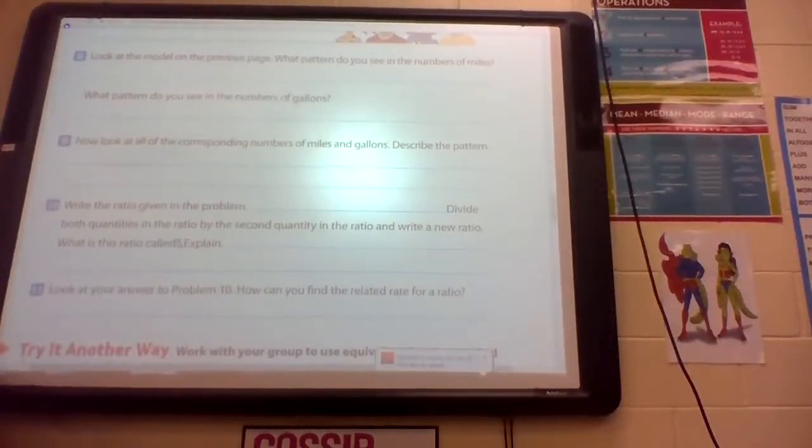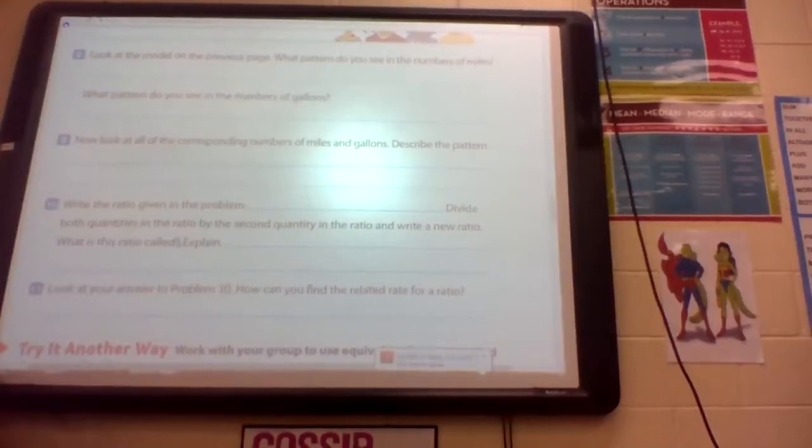So this is what your chart looks like. It was 30, 1, 60, 2, 90, 3, 120, 4. All right, so these are your miles and these are your gallons, right?